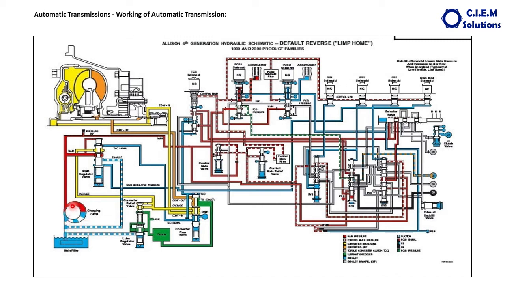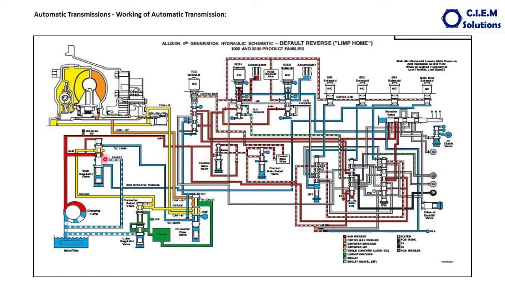The charging pump sucks the oil and delivers it with pressure. First, the oil goes to the main pressure regulator valve. The desired pressure is maintained by this valve, and oil is supplied to the control valve. You can see like this: control valve, main relief, and so on.